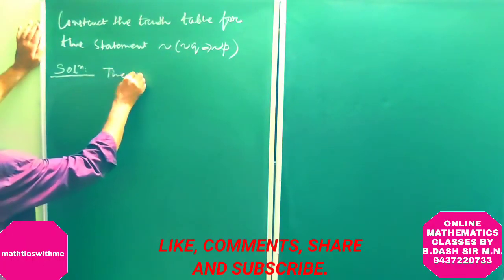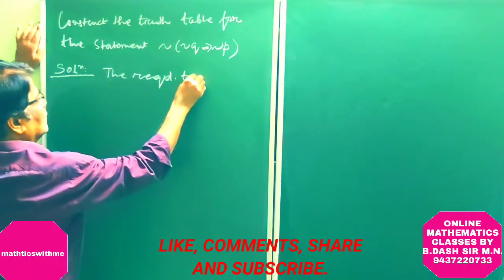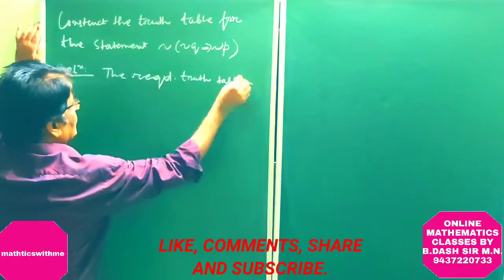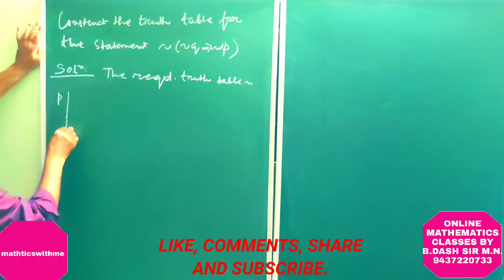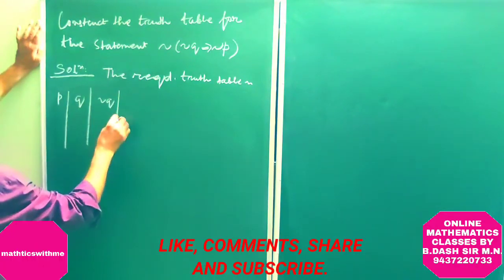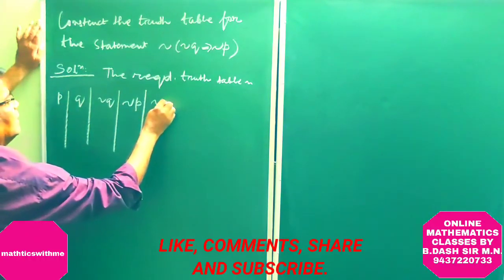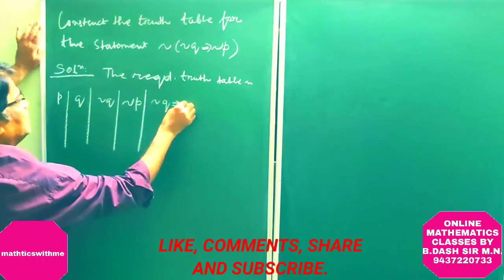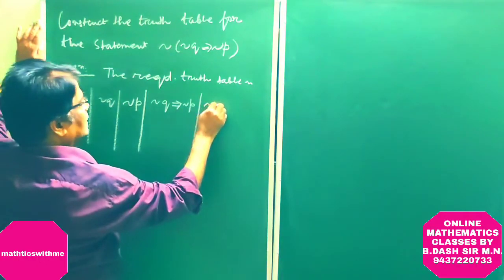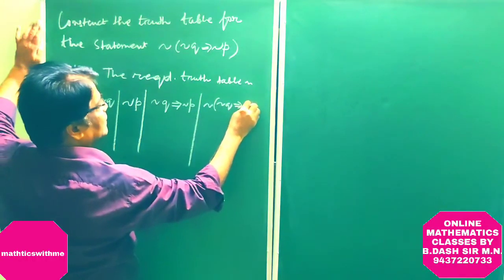The required truth table has columns P, Q, negation Q, negation P, negation Q implies negation P, then negation of negation Q implies negation P.